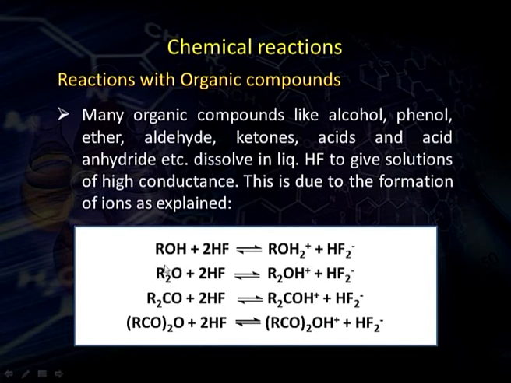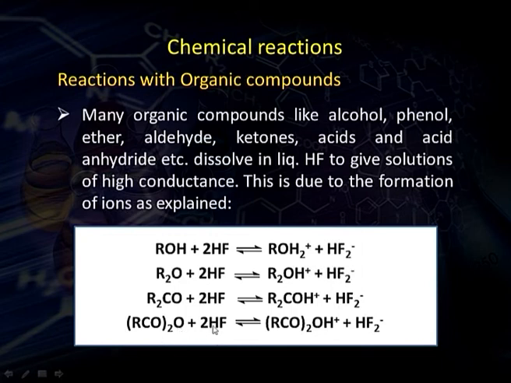Similarly, we have ether, which reacts with HF to form R2OH positive plus HF2 minus. Next we have R2CO, which is any carbonyl group, it can be an aldehyde or a ketone. When it reacts with HF, it forms R2COH positive plus HF2 negative.